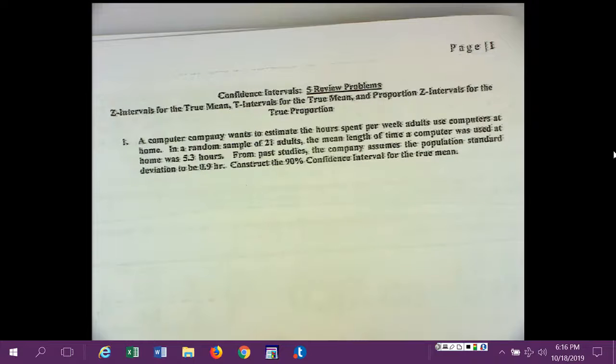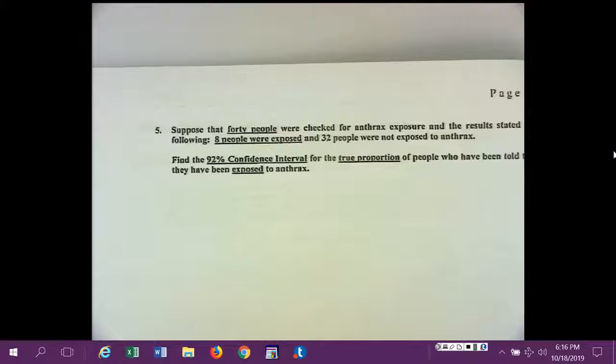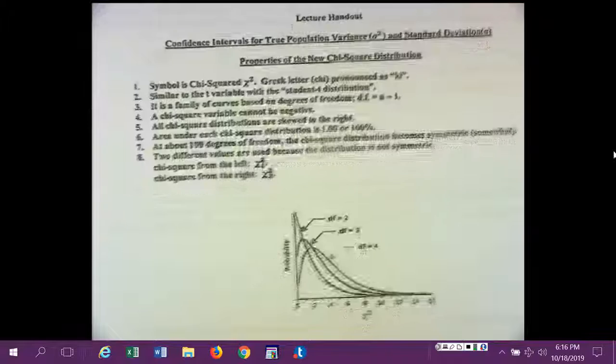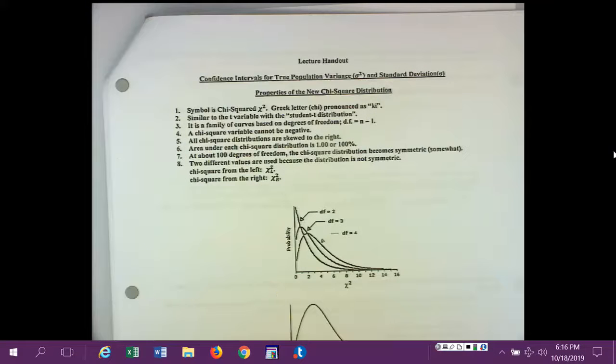You have the knowledge, you have the skills, you have the formulas to work with these 5 problems. Again, we can talk about these in class, give you the answers if you wish, but the last lecture is that lecture pertaining to confidence intervals for true population variance and true population standard deviation.